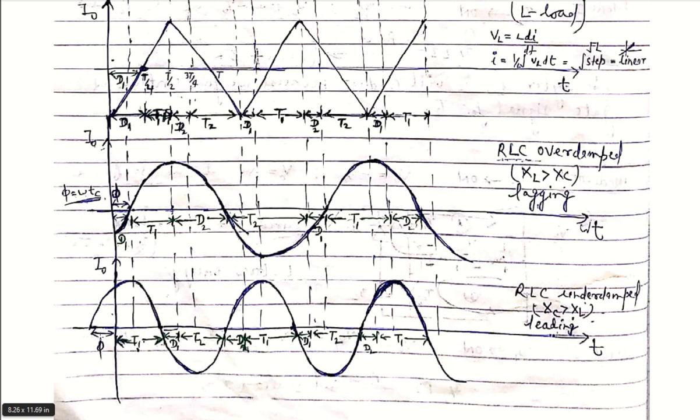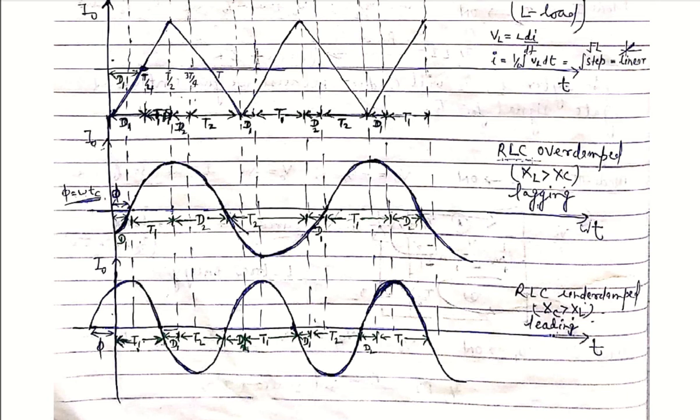So we will draw the waveform for the leading case, with the current leading the voltage by an angle of phi. In the underdamped case, after conduction of T1, diode D1 conducts, so it makes the thyristor reverse biased, so it will automatically turn off. So no forced commutation is required for turning off these thyristors.